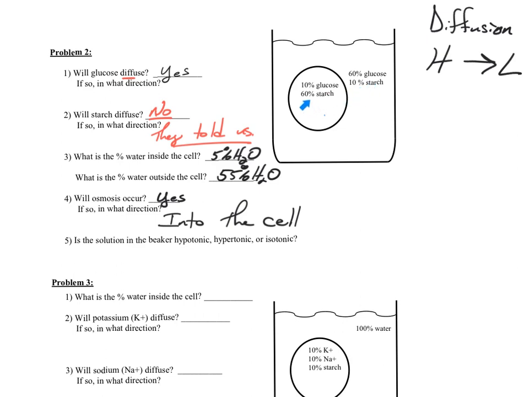So you have to look at 60 and 10. Oh, so it's not. Do you see what I'm saying? Focus on the fact that this can't move. The glucose will equilibrate, so you don't have to worry about that. So you can ignore glucose, but the starch won't move, so that means it's going to be 60% inside and 10% outside. Is that clear?